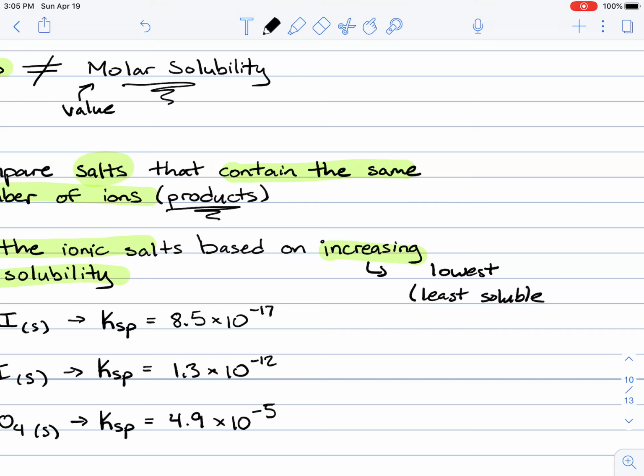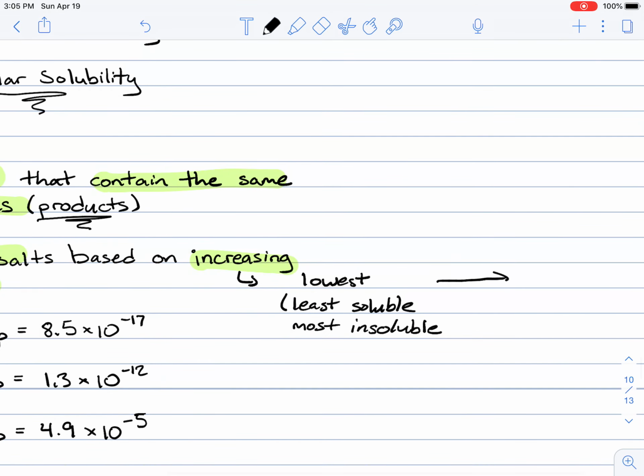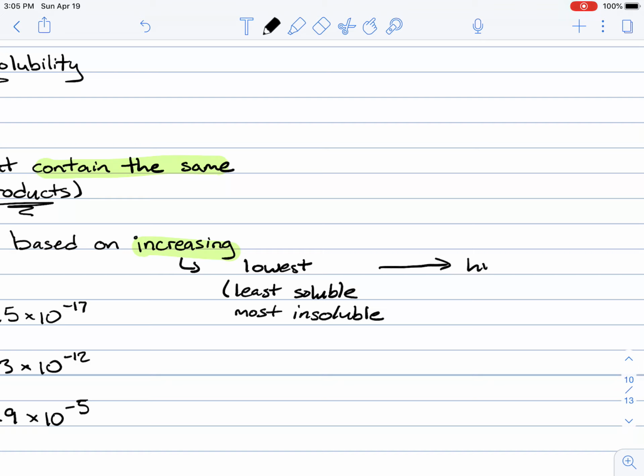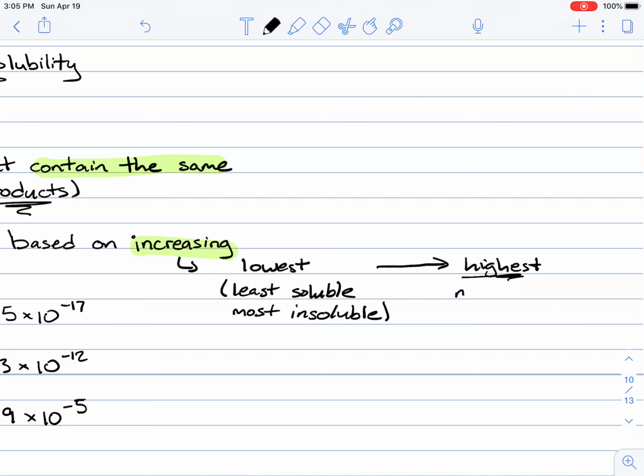If it is the least soluble, then it's the most insoluble, all the way to the highest. If we're talking about the highest molar solubility, then it's the most soluble and the least insoluble. So these terms just kind of switch around.